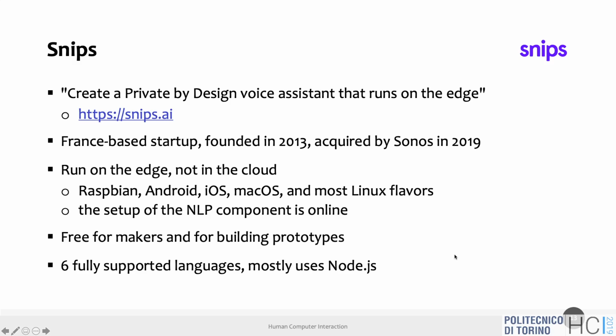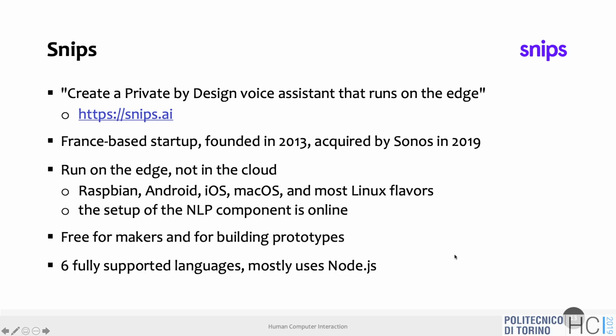It's free for makers and for building prototypes, and has six fully supported languages and one not yet fully supported, and mostly uses Node.js. It's not quite new, it's from 2013 like Wit, but it was just acquired this month by Sonos.